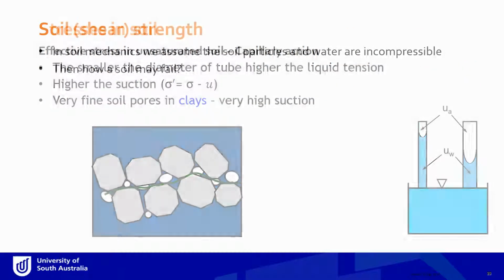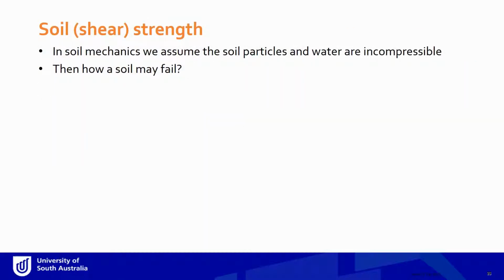Moving forward. Now, we have just mentioned a few minutes ago, I have said, in soil mechanics, we assume the soil particles are incompressible, and so as water. Now, how a soil might fail? We're just saying the soil particles are incompressible, they're not breakable, so how a soil might fail?